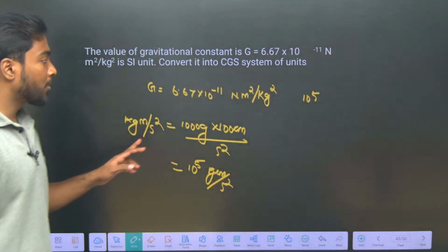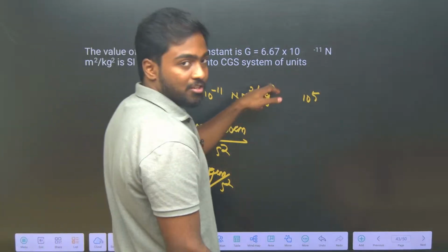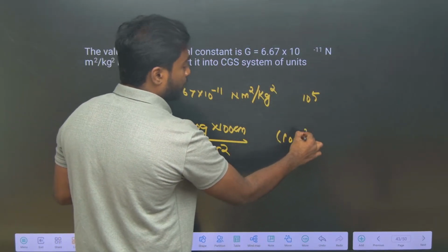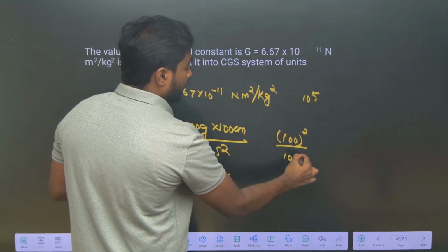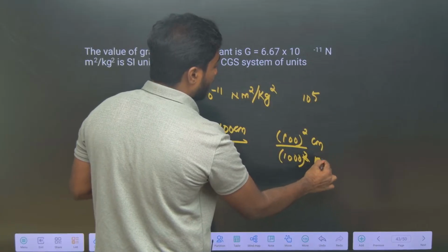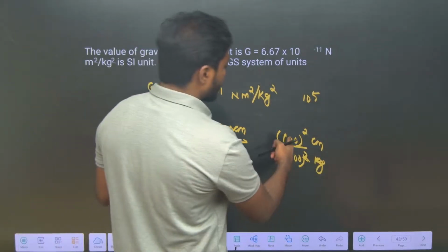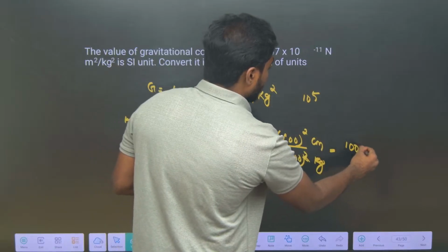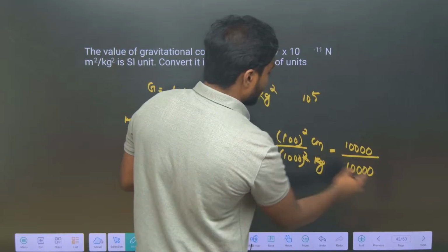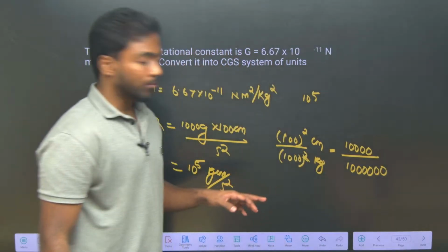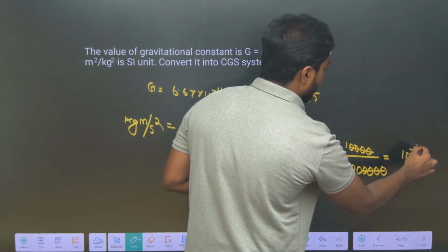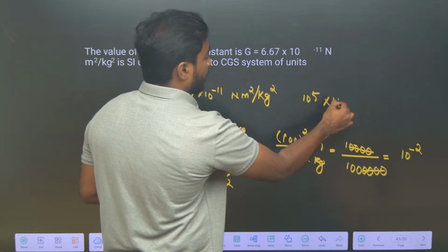And for meter square per kg square: 100 into 100 square by 1000 square. This is centimeter and this is gram. How much will come? 4 zeros, and this one 6 zeros, so 4 zeros get cancelled off, giving 10 power minus 2.